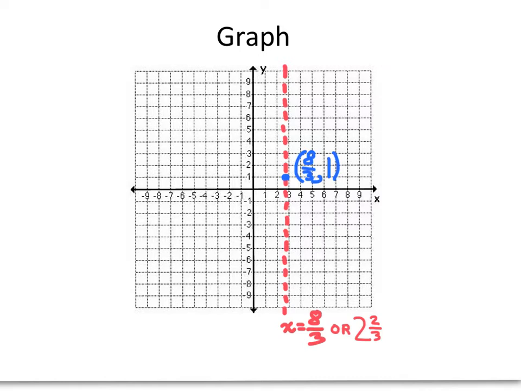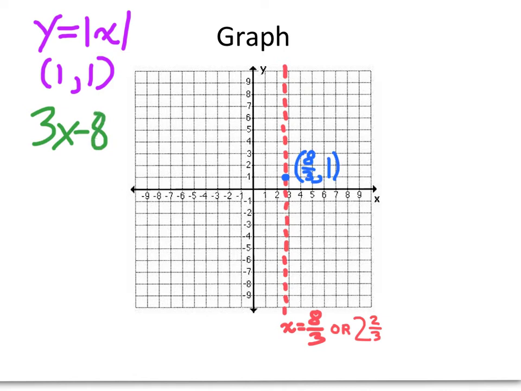I know that on the function y equals absolute value of x, it has the point 1, 1 because the absolute value of 1 is 1. Like I did for 0, 0, I can take the input part, the 3x minus 8, and set it equal to 1, and by solving it, I get that x equals 3.